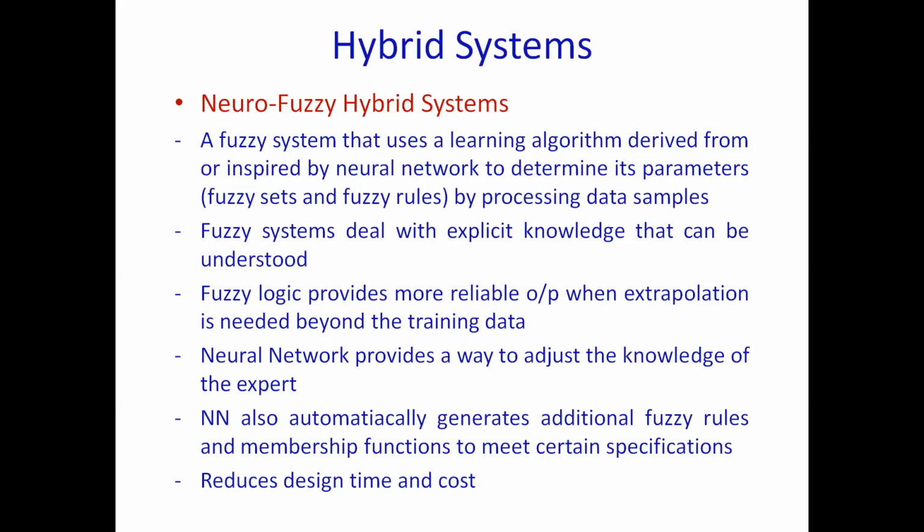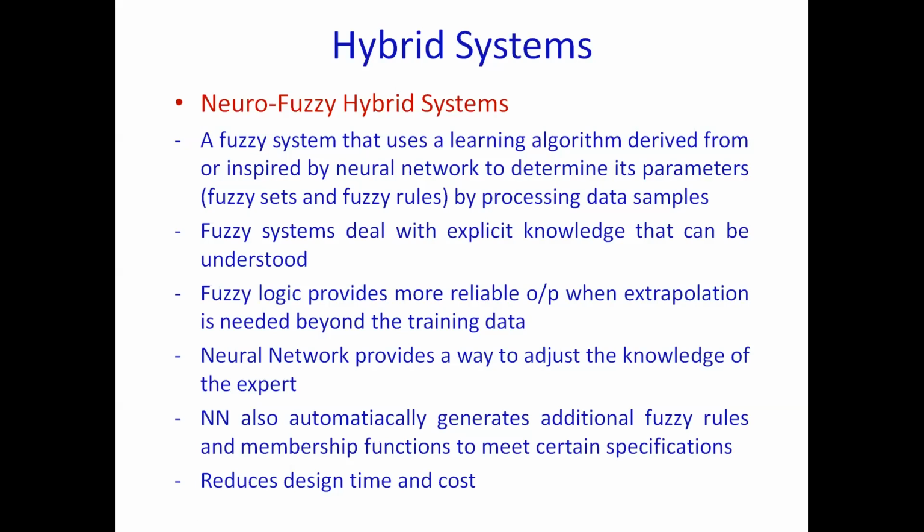So that means whenever we are going to deal with this kind of hybrid systems, it can combine the advantages of these fuzzy systems and also the neural networks, which deal with implicit knowledge that can be acquired by learning.